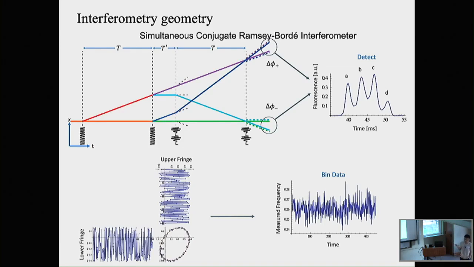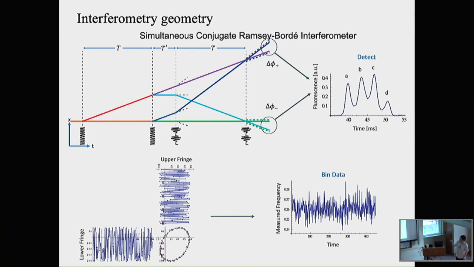Because our interferometer is so sensitive, it's sensitive to g and also vibration. If you plot the interference fringe from any one of these interferometers, what you're going to see is basically random jumps. It's not a nice sine wave.